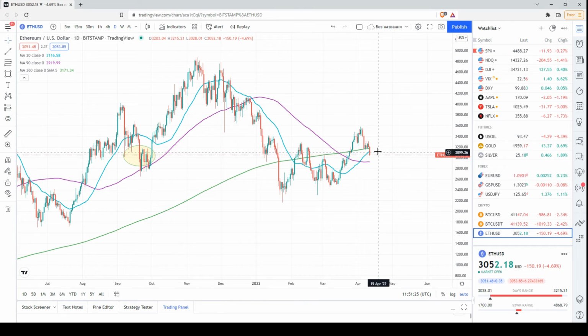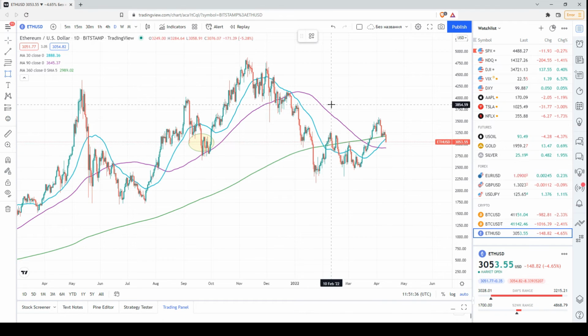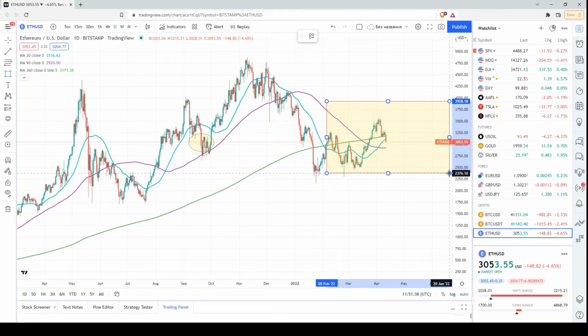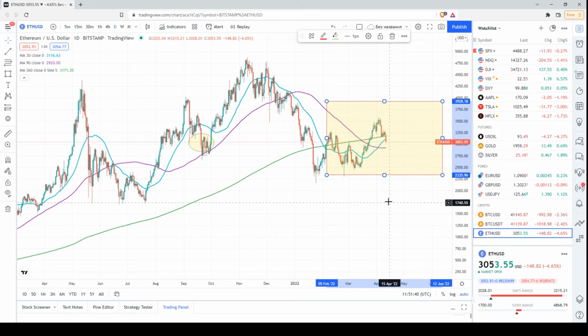In my view, if we see these 3 moving averages moving sideways somehow, then it will confirm one of the potential scenarios, that is a broad consolidation and sideways movement. It could be quite volatile. That's why we have to be really very cautious.